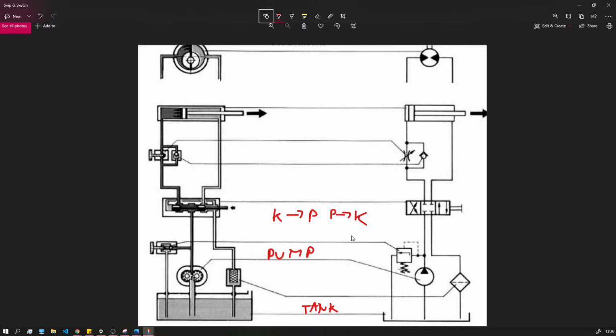It's just a matter of what comes first. Converting from kinetic to potential usually comes first. So that's one of the differences, besides that we are using oils, liquids, instead of gas in the system.